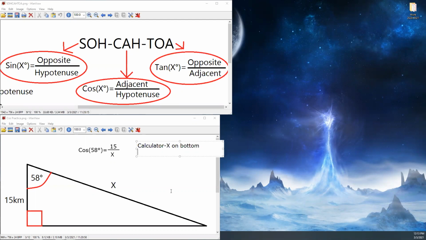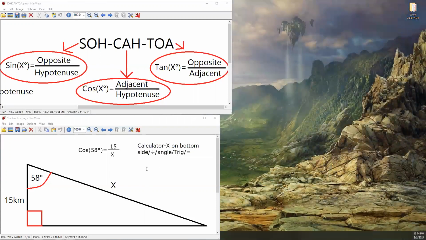And those were side, divided by, and then you hit angle, trig function, equals. So when x is on bottom, you can just do this right here every time and get the answer in your calculator.